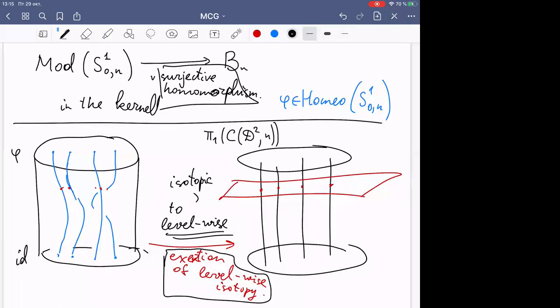All vector fields can be chosen horizontal. At this point we do not need anything else. And after the braid is straight, we see that this phi is trivial in the mapping class group.